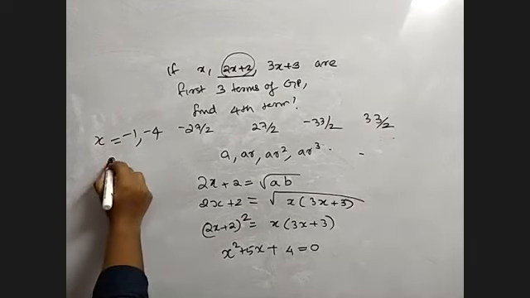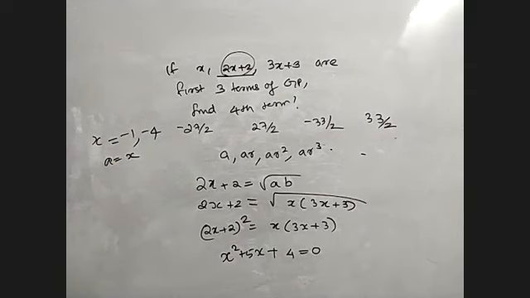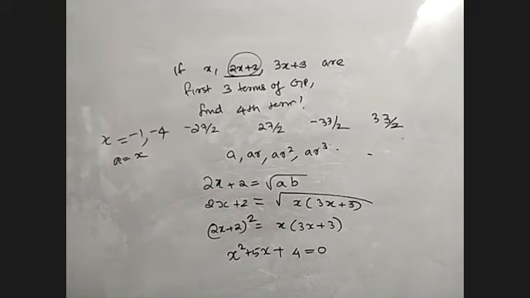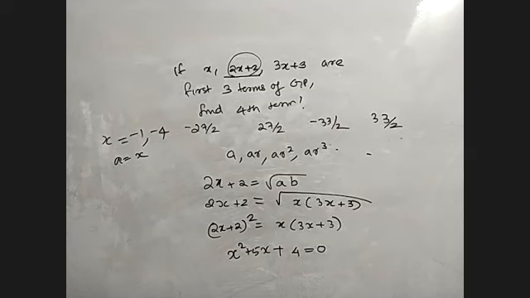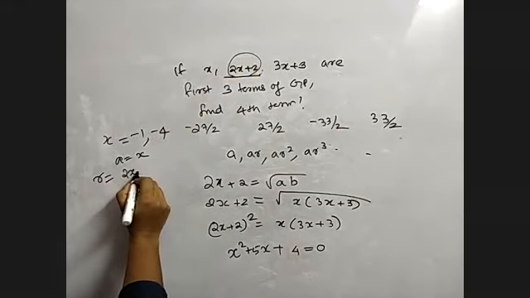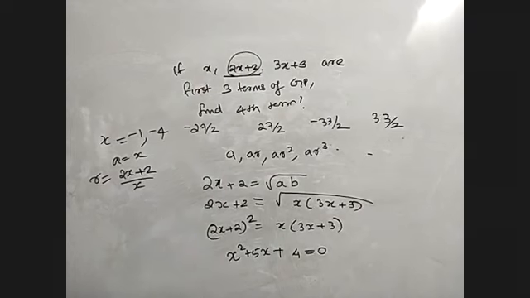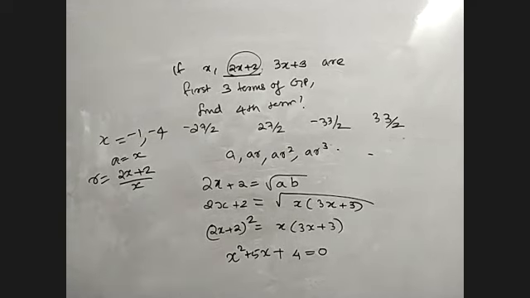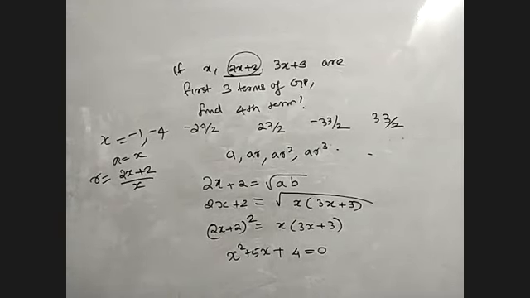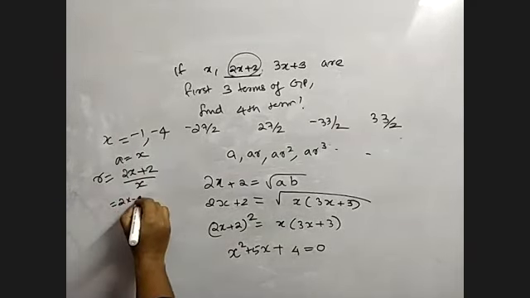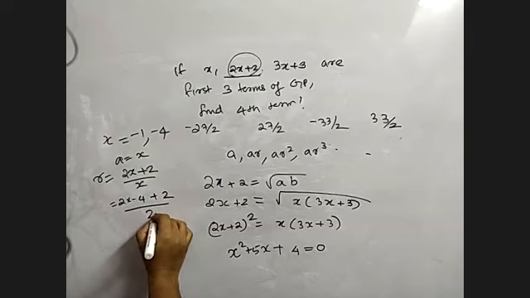So first term is x. Then find out r. R is equal to 2x plus 2 by x. Put minus 4 and check. 2 into minus 4 plus 2 by 2.